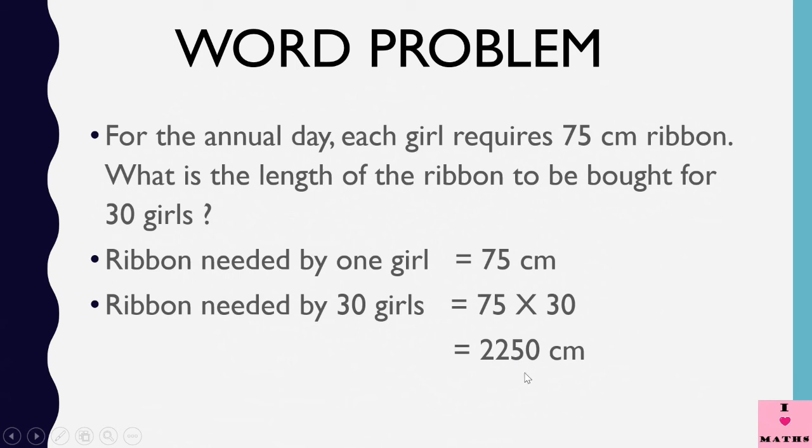Since in 1 meter we have 100 centimeter and in 100 we have 2 zeros, so last 2 digits will be the centimeter part and the number formed by the remaining digits will be the meter part. So children, here we will have 22 meters and 50 centimeter. So the answer is 22 meter 50 centimeter.